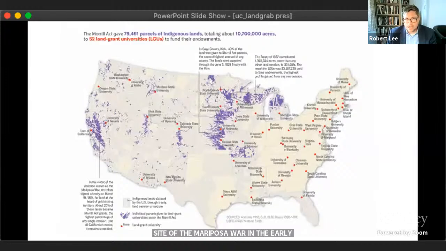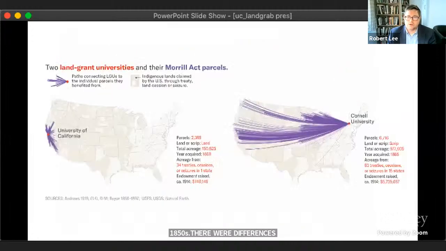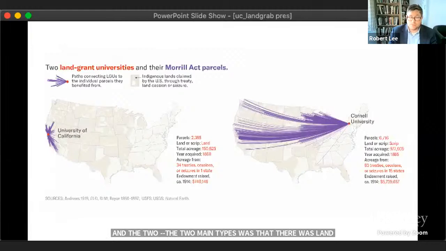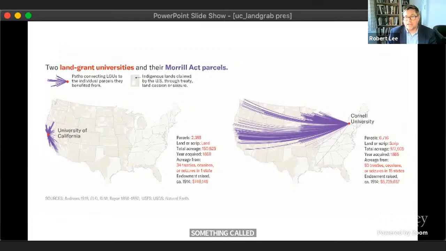But there were differences in how the disposal of this land worked that made it really tricky to reconstruct for the project. The two main types were land that was distributed that had to be chosen within the states, and something called scrip, which were sort of like coupons given to the states that could be used to select land anywhere on the surveyed public domain of the United States.